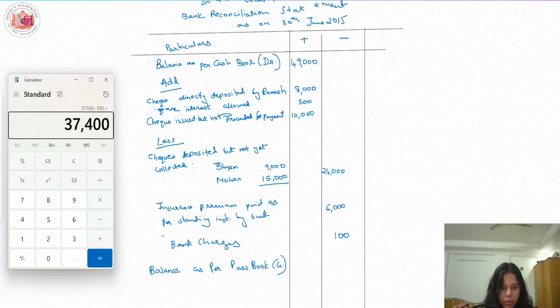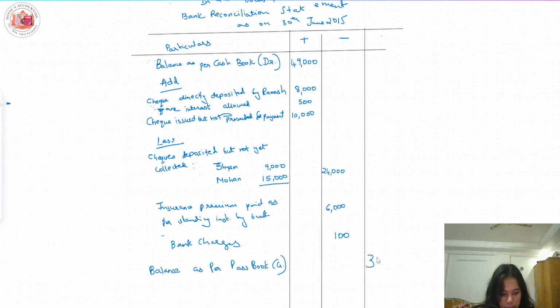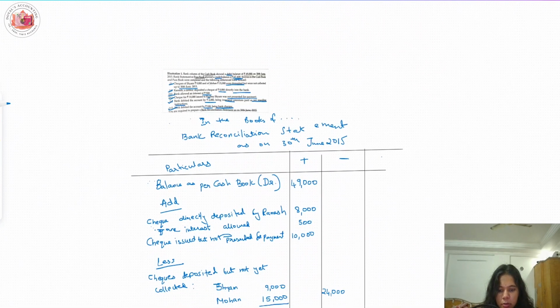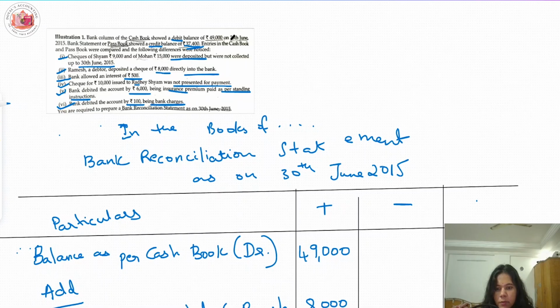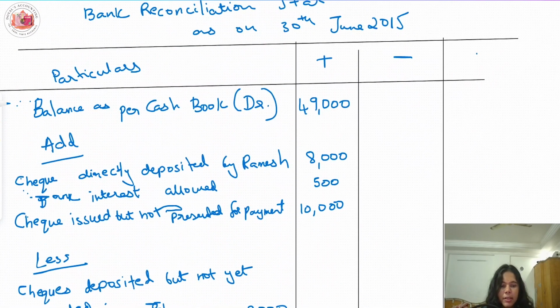So 37,400 is my balance. 37,400. And what was the balance given in the question? 37,400. Okay. So we have reconciled.